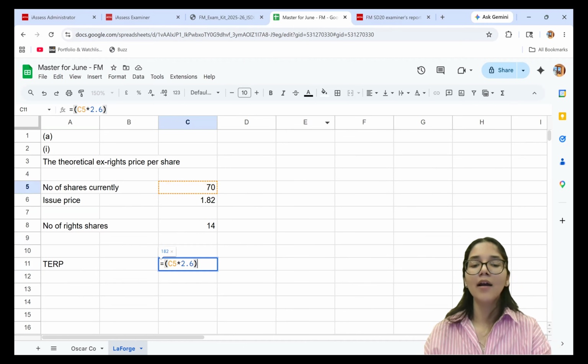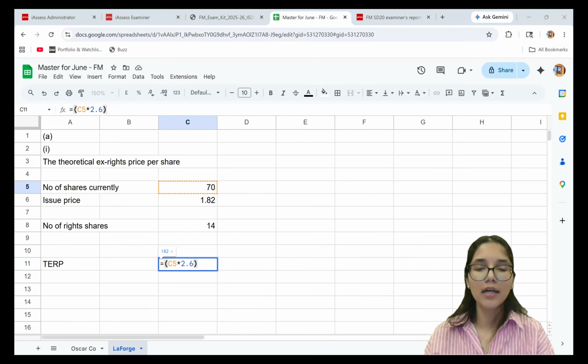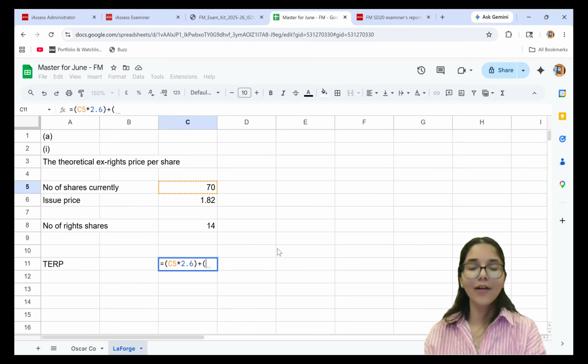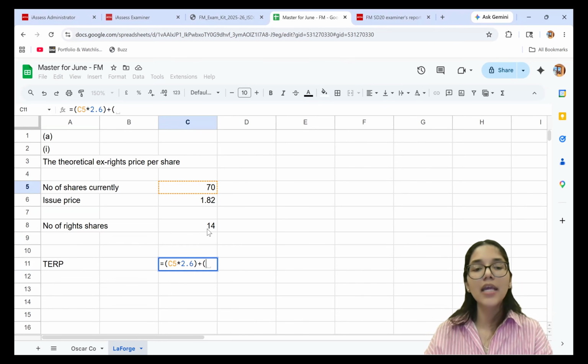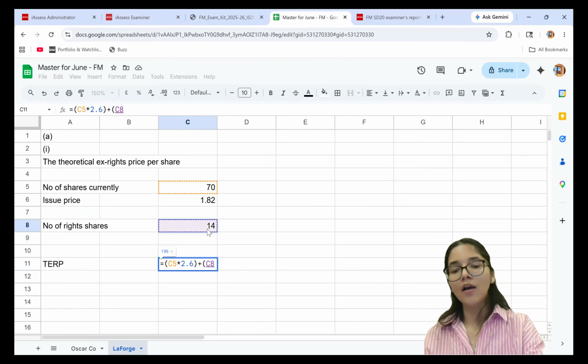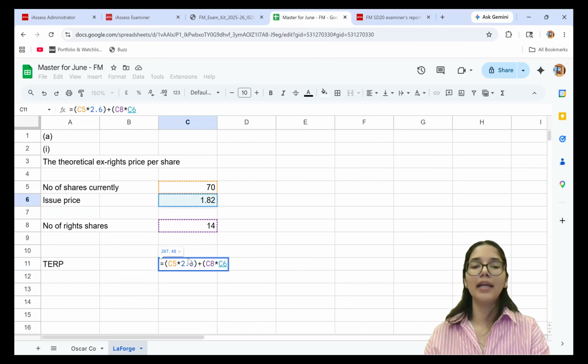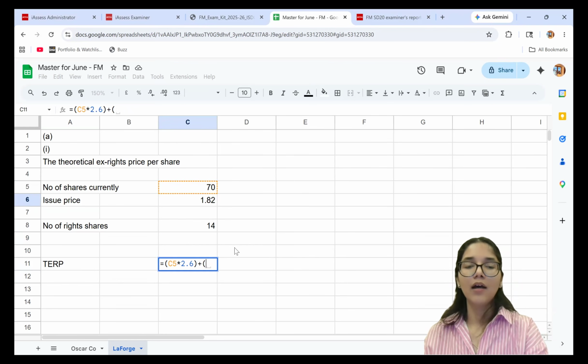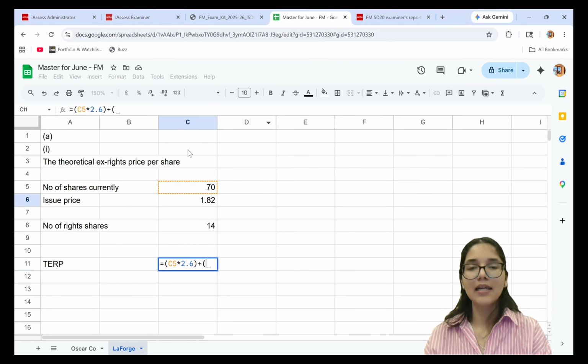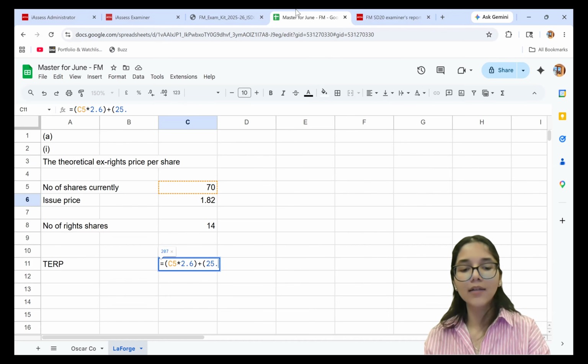So this is my current value of equity before going ahead with the rights issue. And then when I go ahead with the rights issue, my proceeds from the rights issue will be, how many dollars are we raising? That is 25.48.